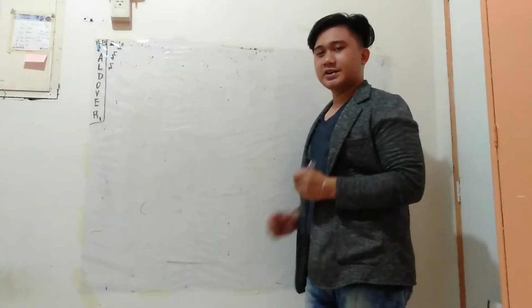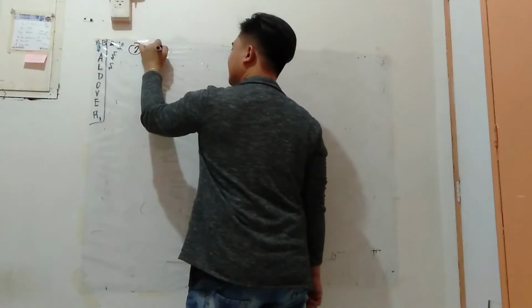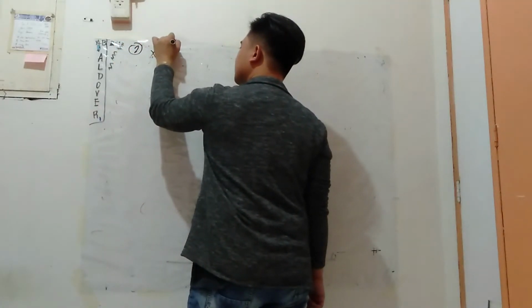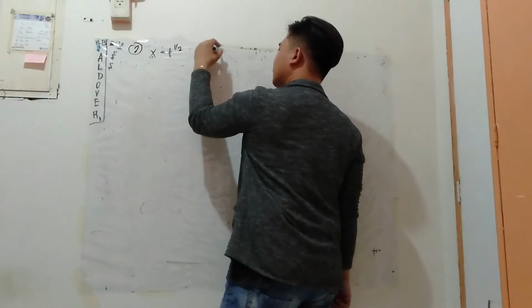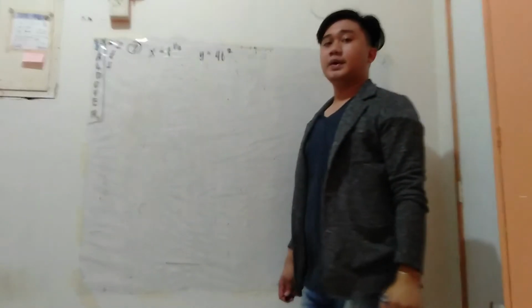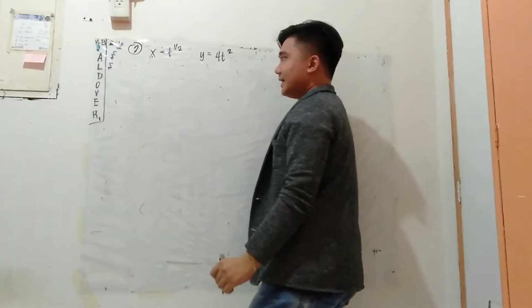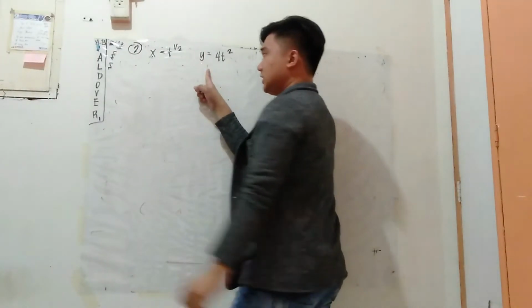So, let's have the second example. In the second example, what if x is equal to t raised to 1/2 and y is equal to 4t squared? Okay? So again, hahanapin mo si dx over dt tsaka si dy over dt.